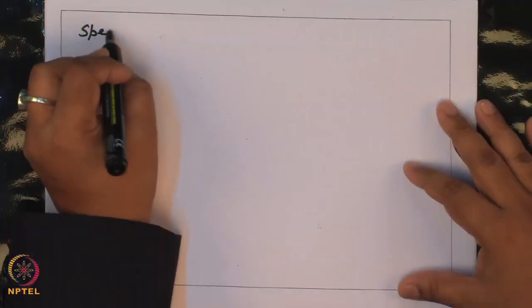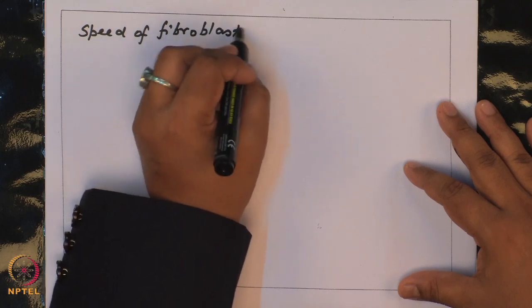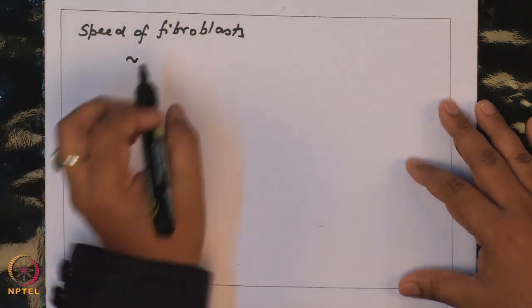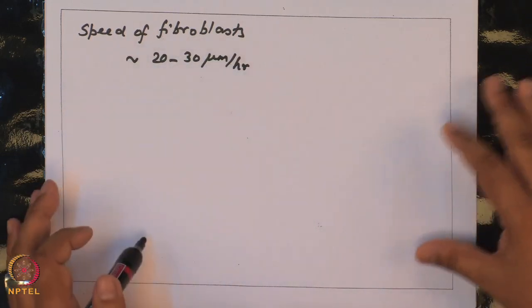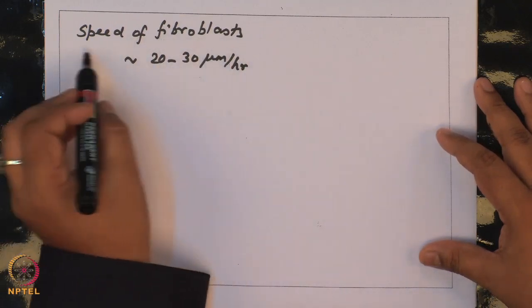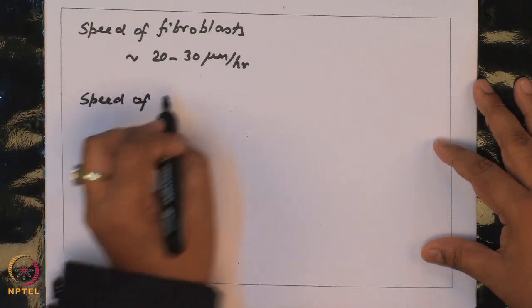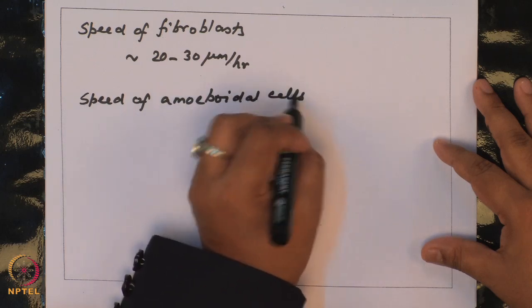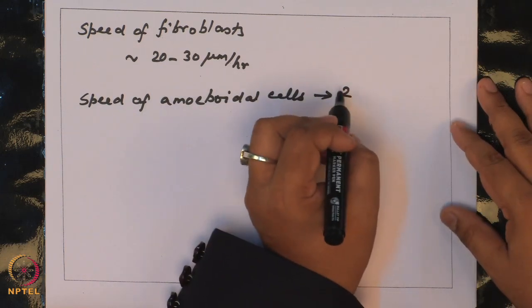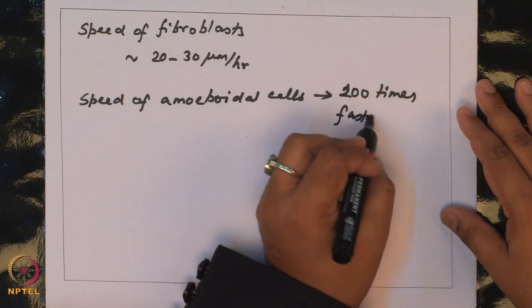So, if I were to measure the average speed of fibroblasts or epithelial cells, it would be of the order of, let us say, 20 to 30 microns per hour. In comparison to this adhesion dependent type of migration, the speed of amoeboidal cells can be 100 times faster.